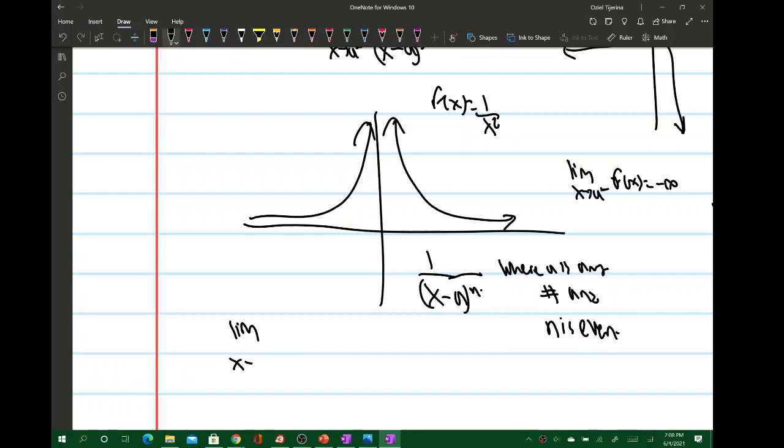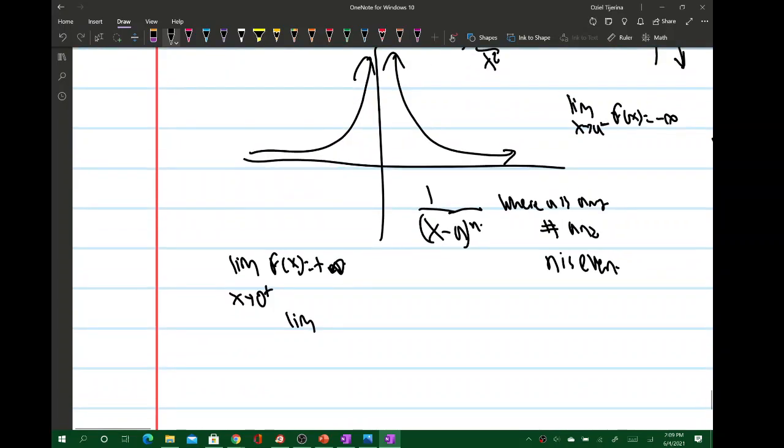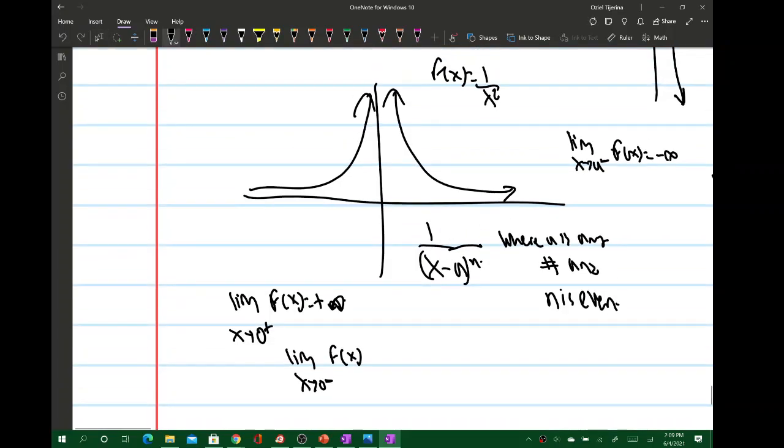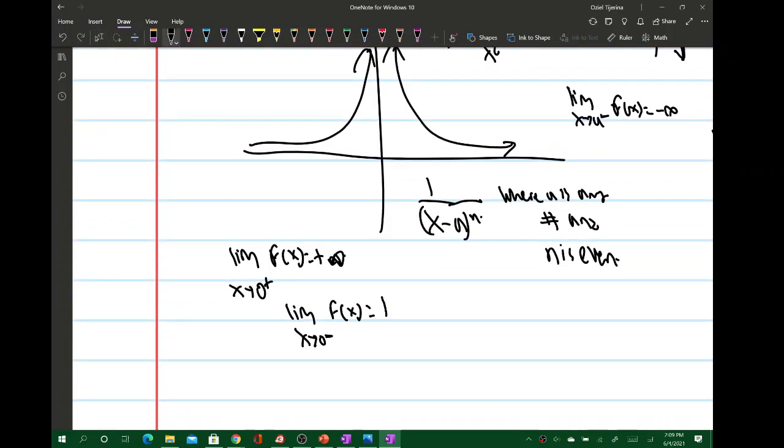The limit as x approaches a, for example, the limit as x approaches 0 from the right-hand side of f of x is going to be positive infinity, and also the limit as x approaches 0 from the left-hand side of f of x is also going to be positive infinity.